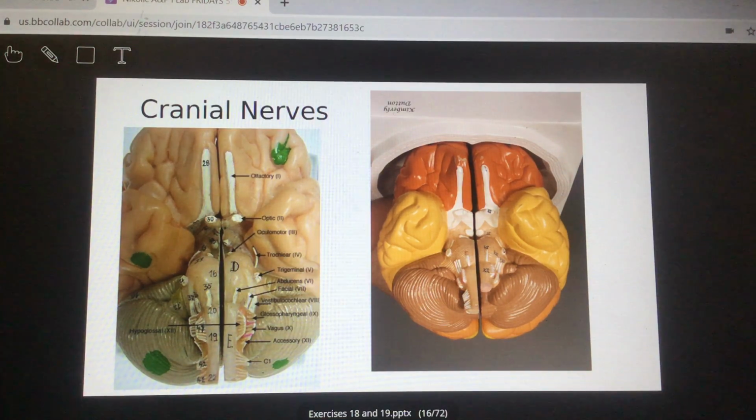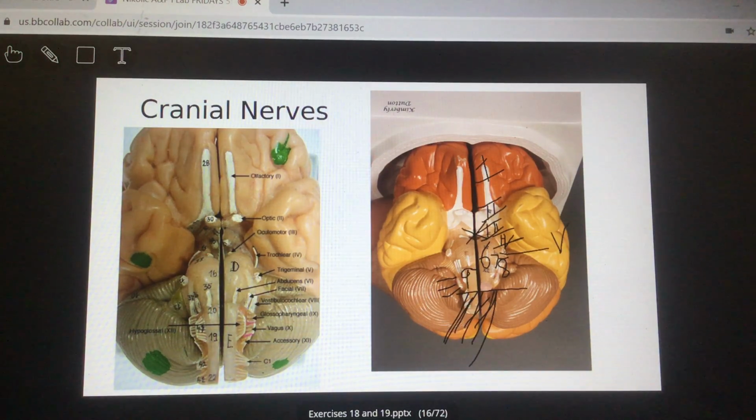But literally they go like this. 1, 2, this is not it, that's a mammillary body. 3, 4, I'm going to do it again, don't stress. 5, 6, I'm going to do it this way, it's easier. 7, 8, 9, 10, 11, 12. This is the spinal cord.